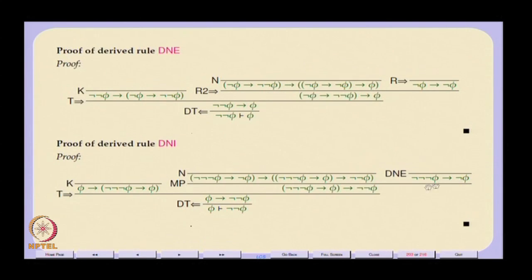Then I can apply modus ponens, I can get this. Again I can take an application of the k rule, and then I can apply transitivity of arrow to give me phi arrow not phi, and then I can move phi to the left of the turnstile.